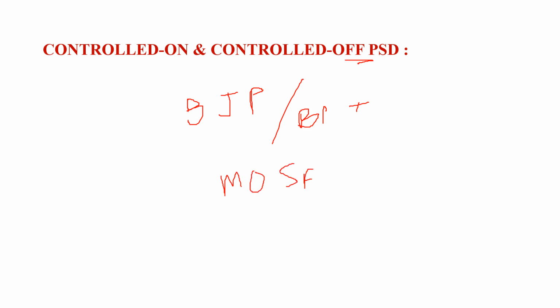Coming to control on and control off power semiconductor devices. The common examples are BJT, that is bipolar junction transistor, or BPT, which is bipolar power transistor; the second one is the MOSFET, that is metal oxide semiconductor field effect transistor; and the third one is the IGBT, that is insulated gate bipolar transistor.